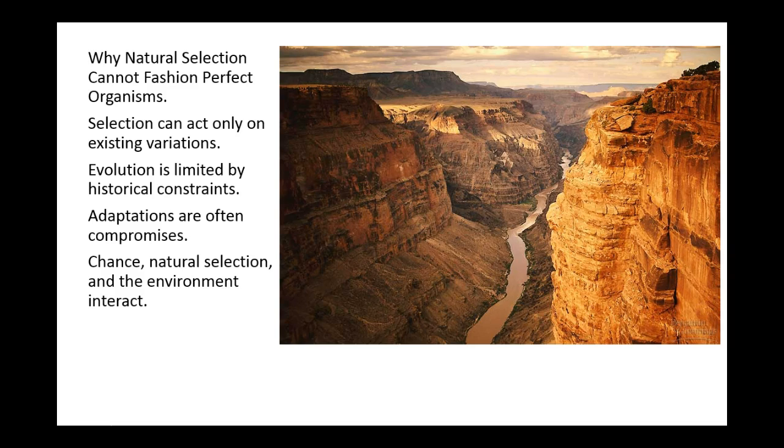Natural selection can't fashion perfect organisms. Natural selection only can act on what's already there. And the evolution happened from ancient ancestors, and it's very possible the ancient ancestors didn't give a very adaptable framework.